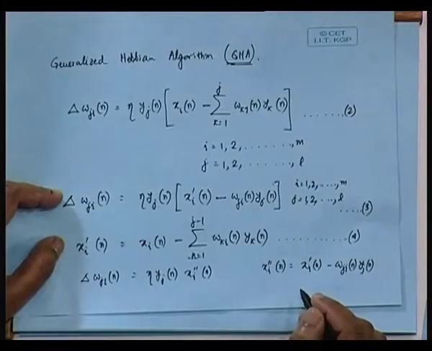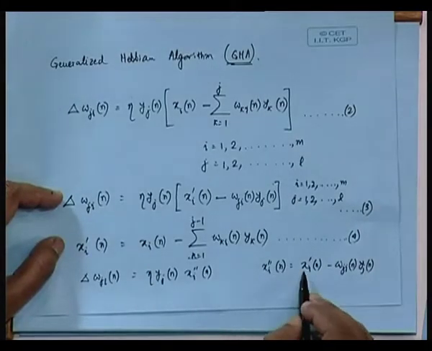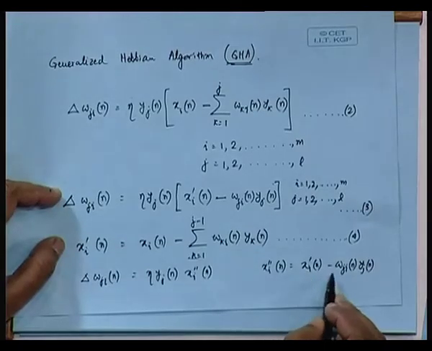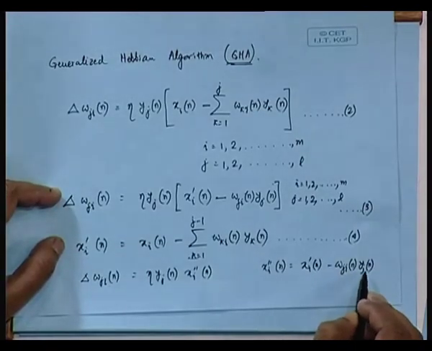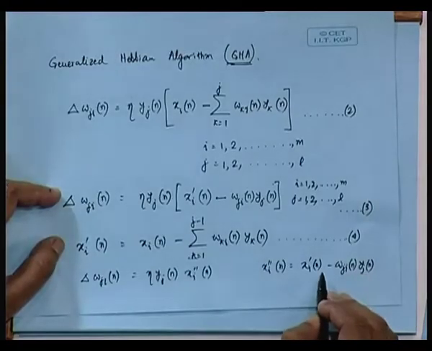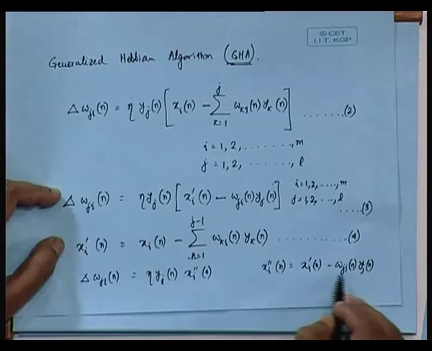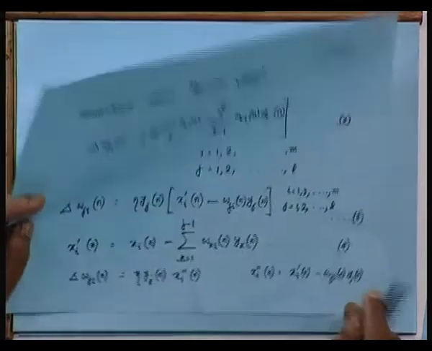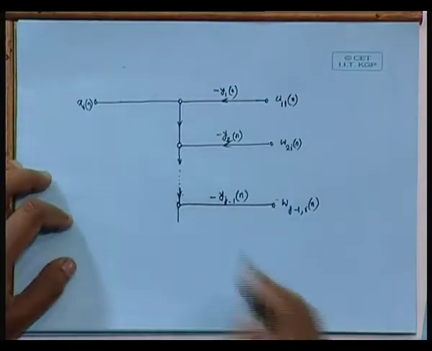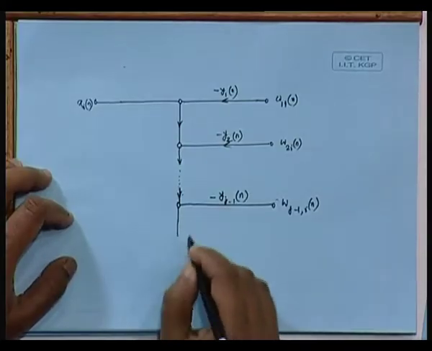And from here what we have to realize is x i double prime n, because we have said that it should be equal to x i n minus w g i n y j n. That means from here we have to subtract another term, and that is w g i n y j n, and it is being subtracted here.